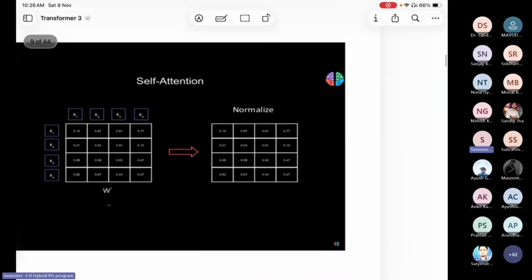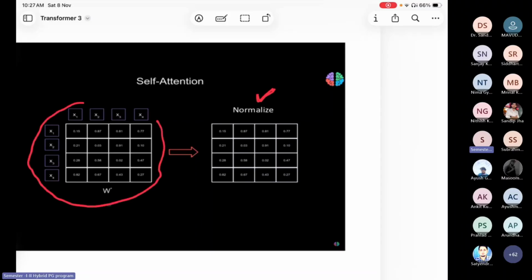Sometimes we also normalize it so that everything will be on the same page. Again, I will come to this part later. But normalization is also a very crucial step that we generally do so that everyone in this whole picture will come on the same page.